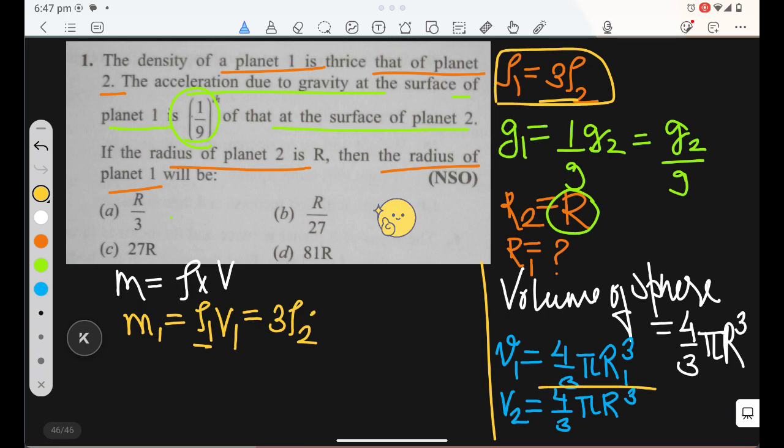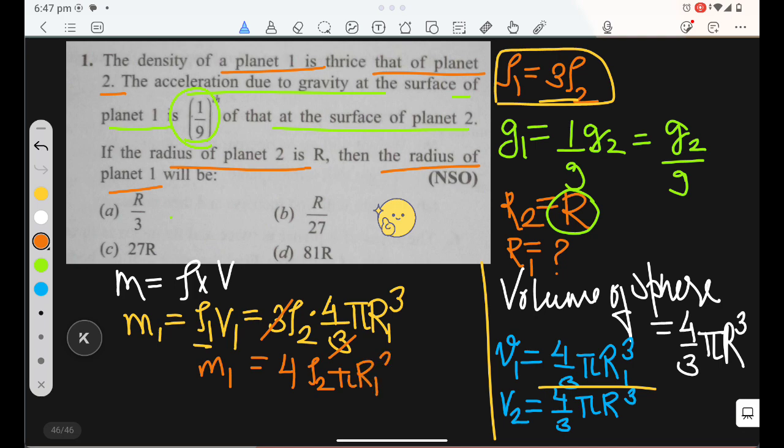Volume of planet 1 is 4 by 3 pi r1 cube. Cancelling out this 3, we are left with m1 equal to 4 rho 2 pi r1 cube.